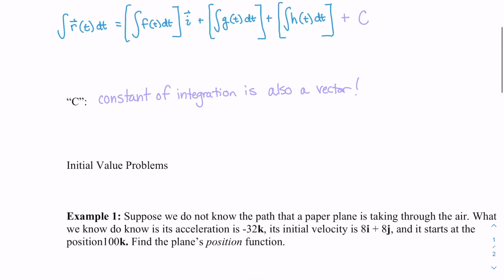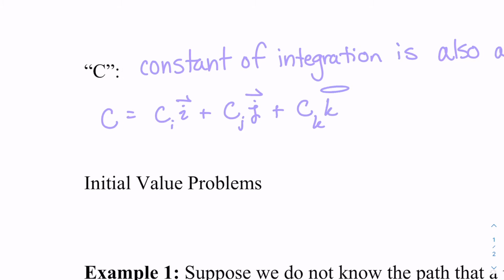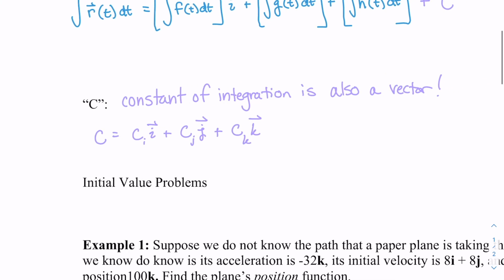So c is really equal to c sub i in the i direction, plus c sub j in the j direction, and c sub k in the k direction. Now, if your vector function that you're integrating only has two components, an i and a j, then your constant of integration would similarly only have two components.